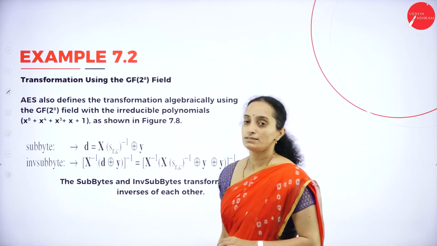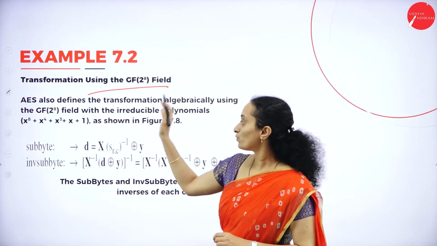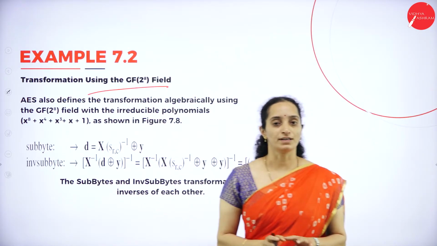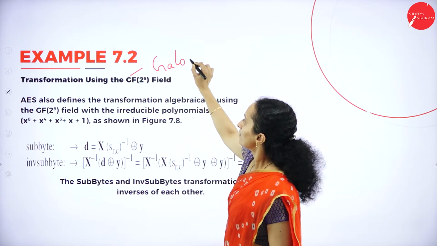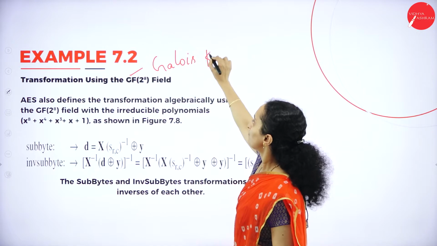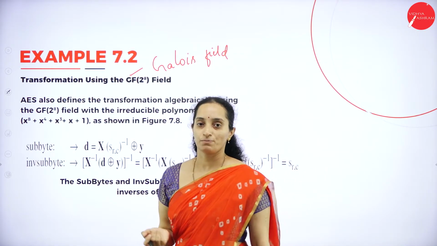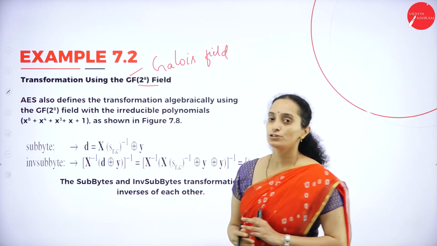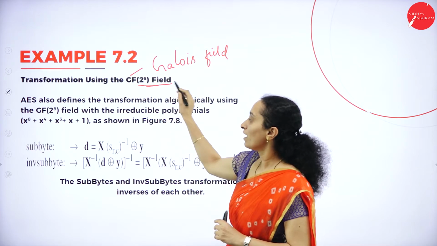We have the transformation using the GF 2 to the power of 8 field. GF stands for Galois field, used for transformation using the 2 to the power of 8 irreducible polynomial field.